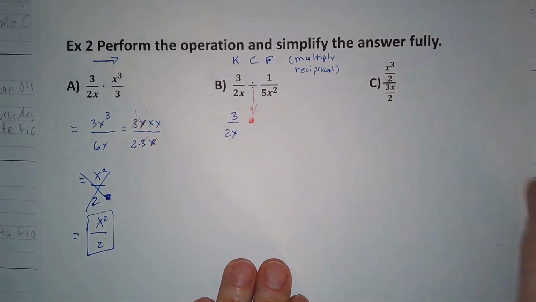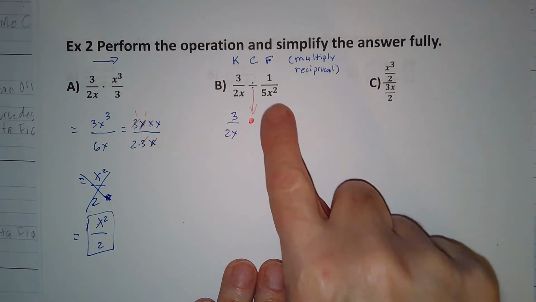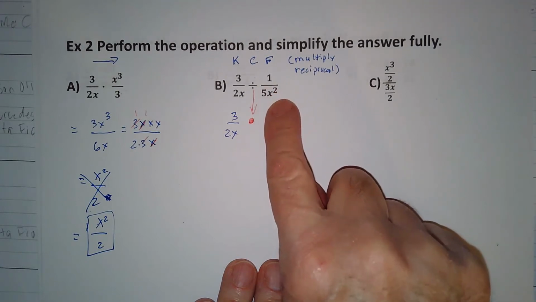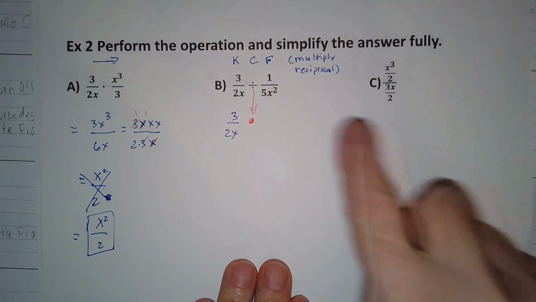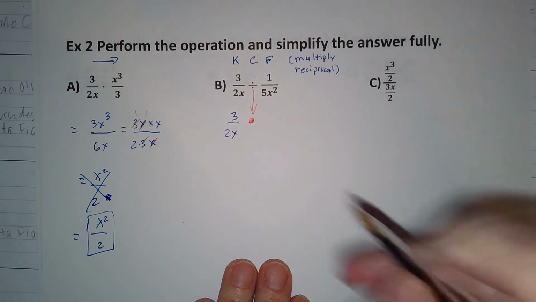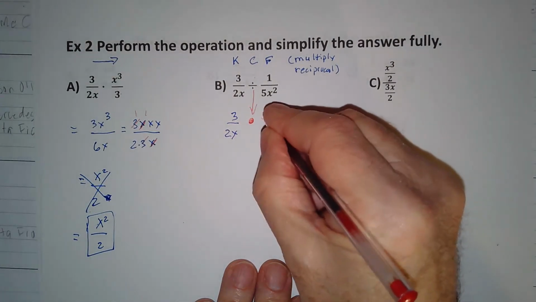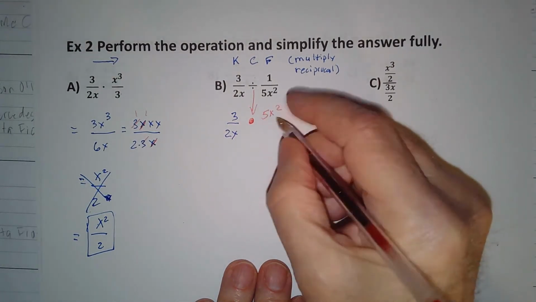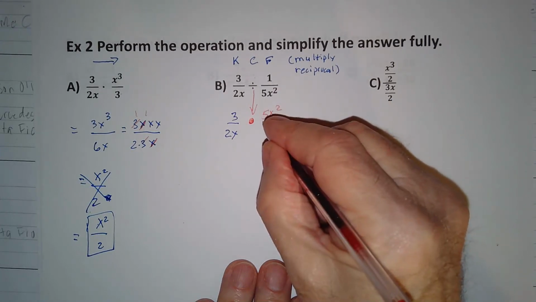Okay? And again, we're multiplying across when we get to this, but what are we left with here? Well, we're going to have to flip it. And so we're going to put in here 5x squared. And then it's going to be divided by 1.